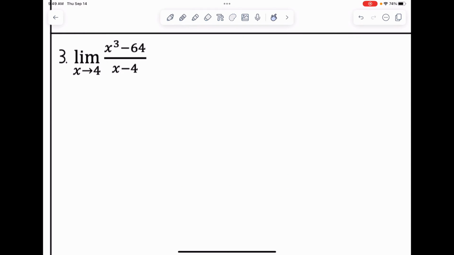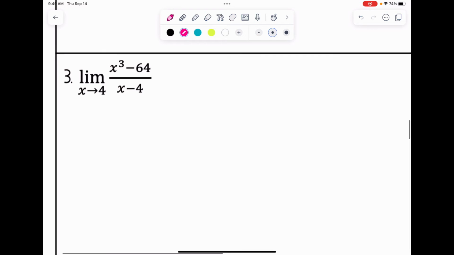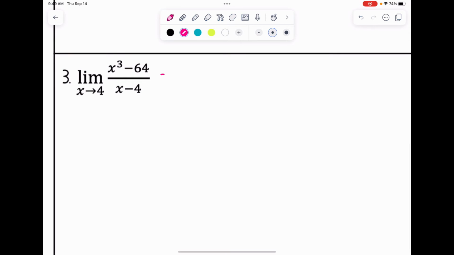Okay, for number 3, we have the limit as x approaches 4 of x cubed minus 64 over x minus 4. Let's try our direct substitution. And we get 0 over 0, indeterminate. And then just like before, we are going to now rewrite this using some algebraic manipulation.